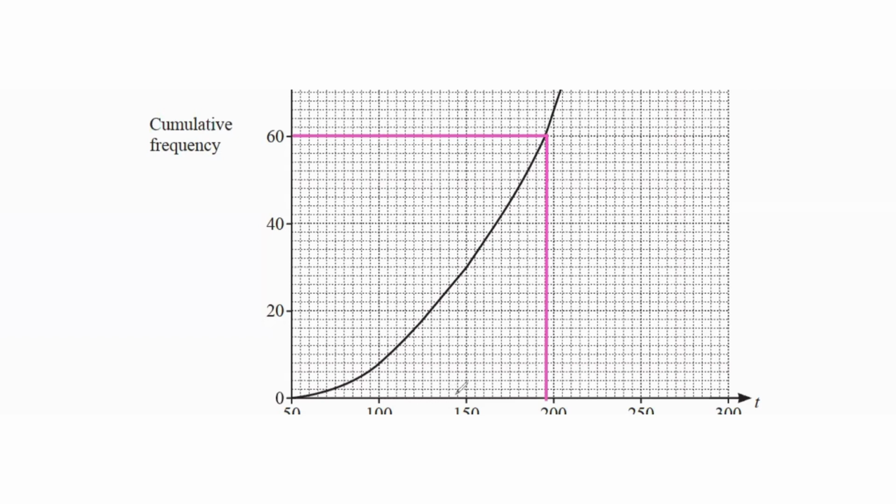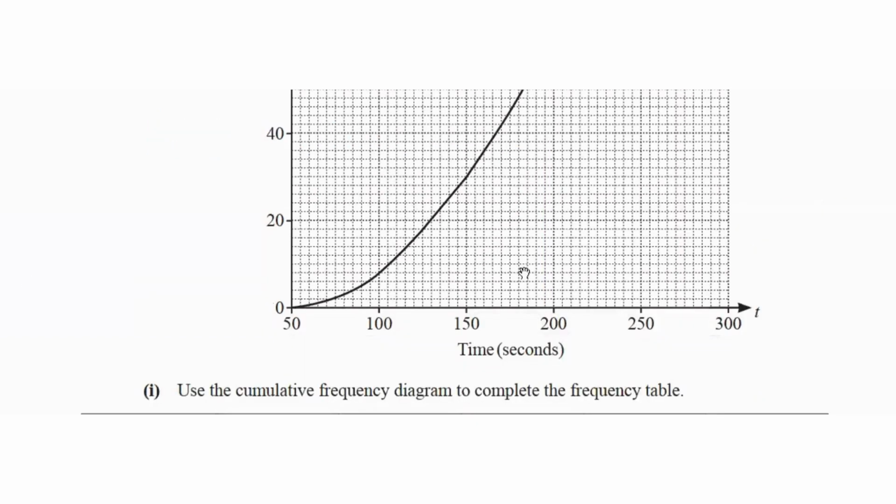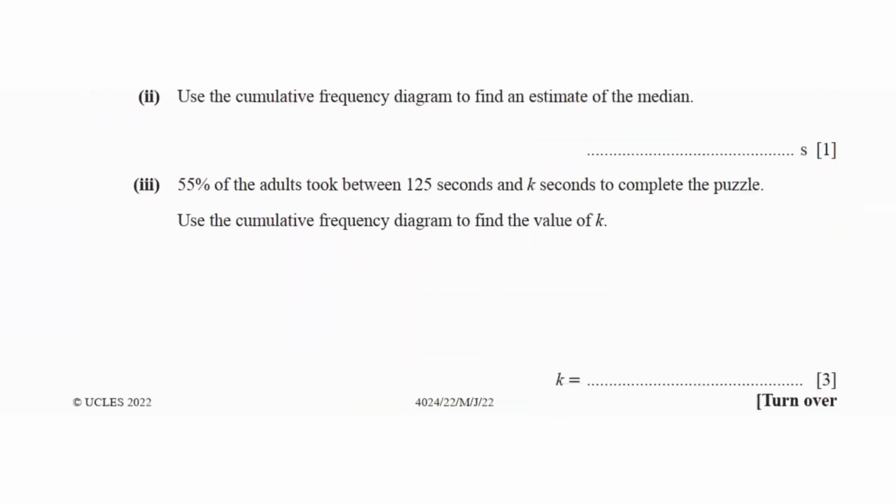So each division represents 5. So 9 times 5 is 45. So 150 plus 45. And our median value is 195 seconds, if I'm not wrong. Yeah, 195 seconds, the median value.